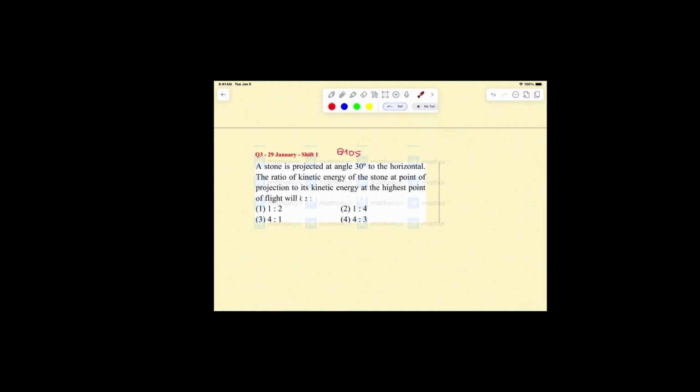Therefore, cos 30 equals √3/2, then cos squared theta is 3/4. Now the ratio of u squared to u squared cos squared theta is 1:3/4, therefore the ratio is 4:3.